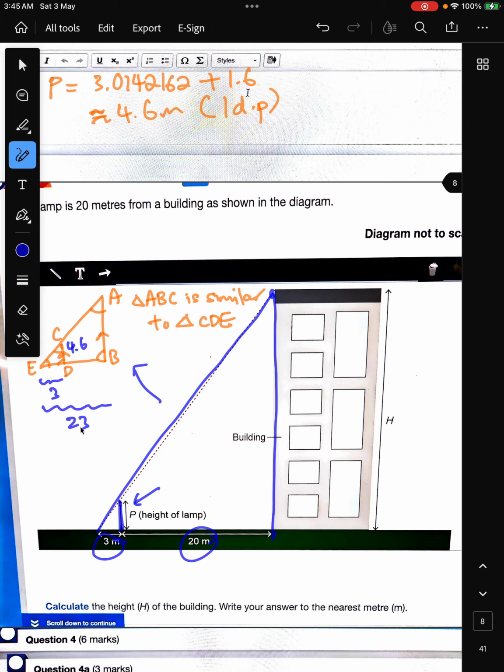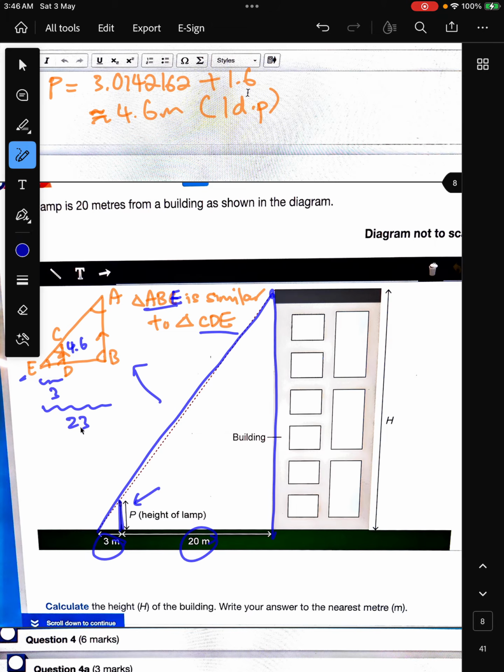Now let's look at this. If we want to compare the ratio of the big triangle to the small one, we should be looking at ABC compared to CDE. Oh sorry, my apologies, not ABC, it should be ABE.